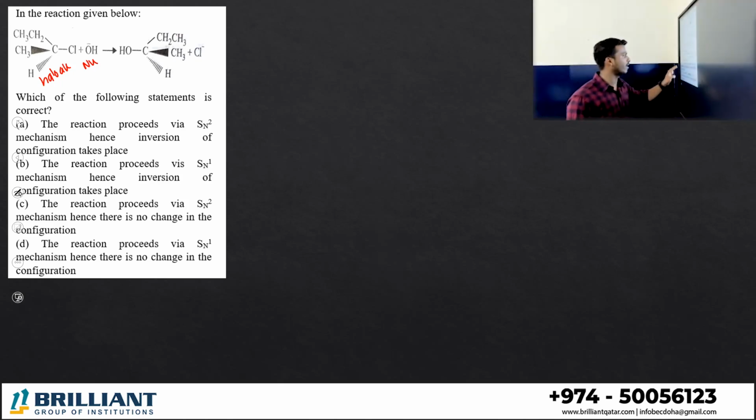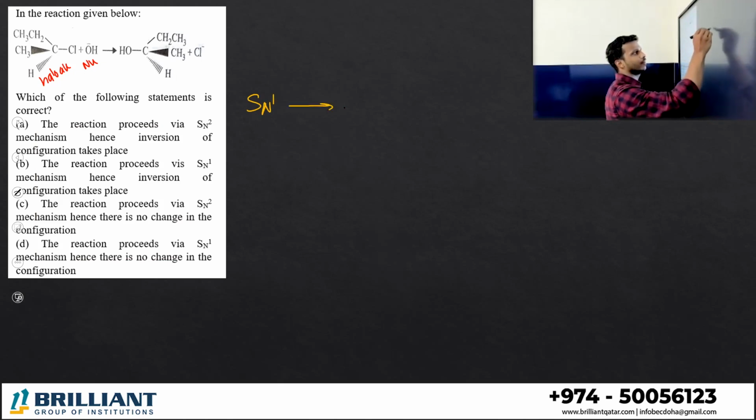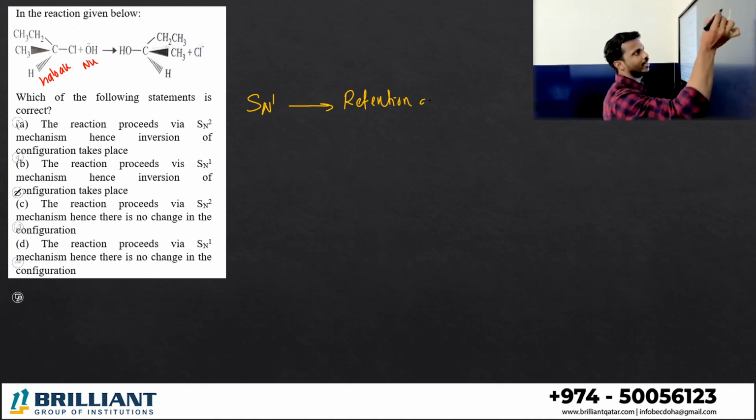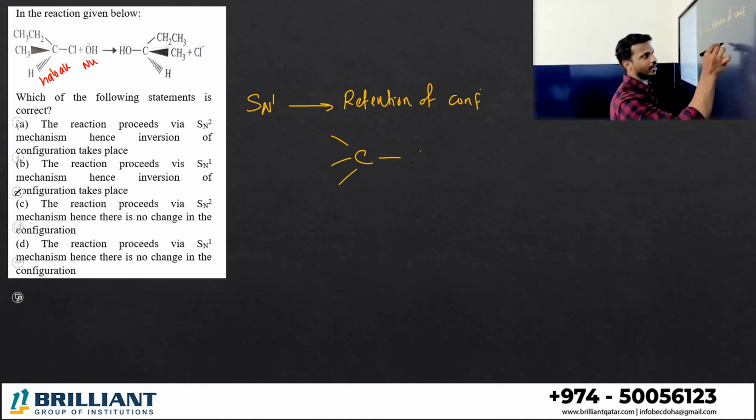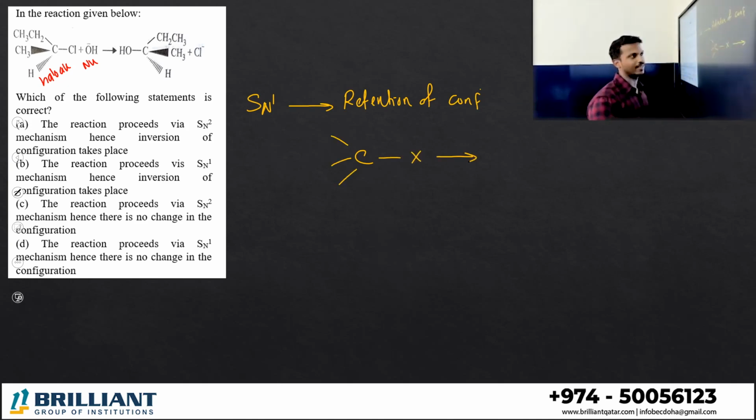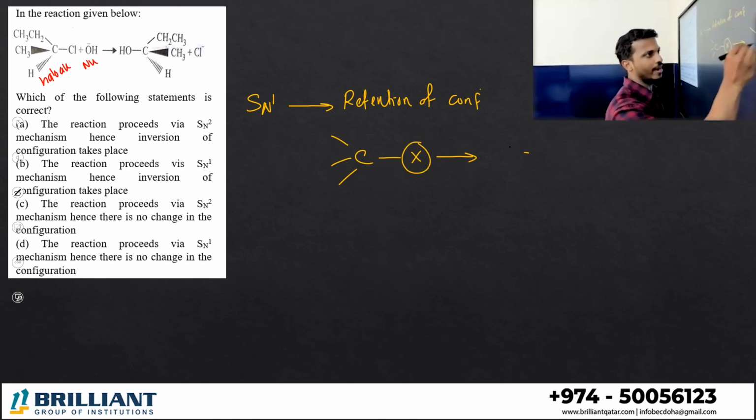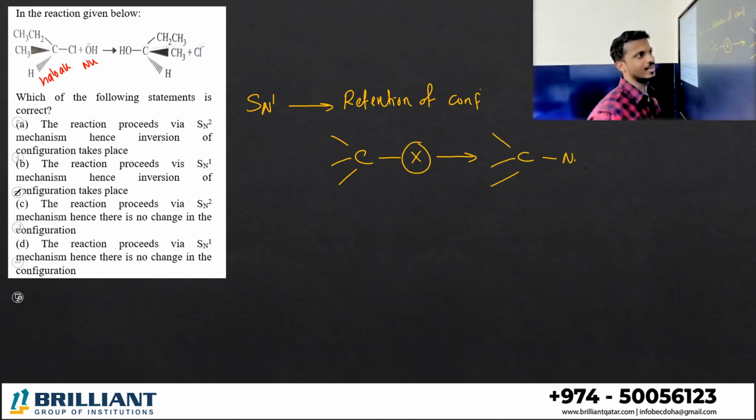You studied very well, dear student. In SN1 mechanism, there is a retention of configuration. If the initial haloalkane is like this, the halogen will go, nucleophile substitutes, and the final product is also like this.